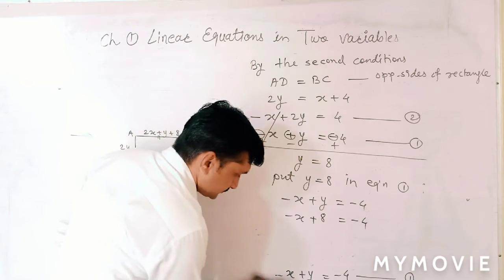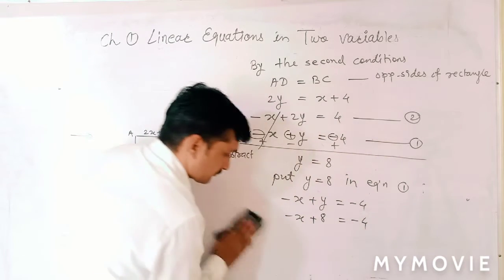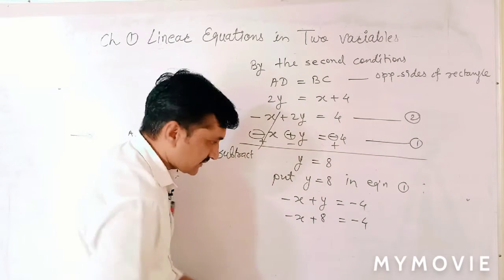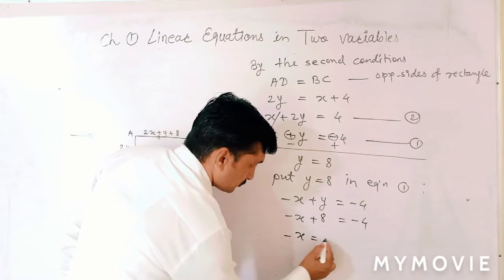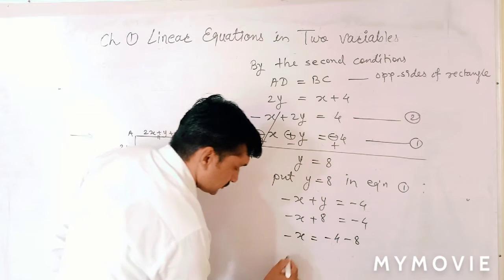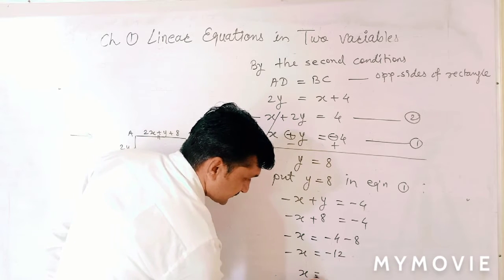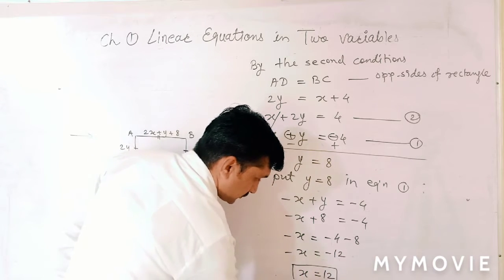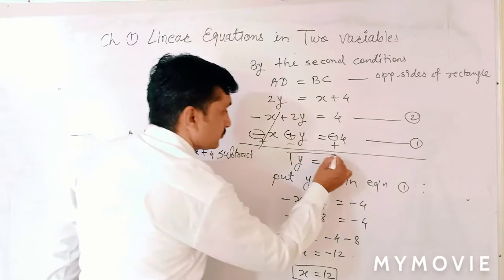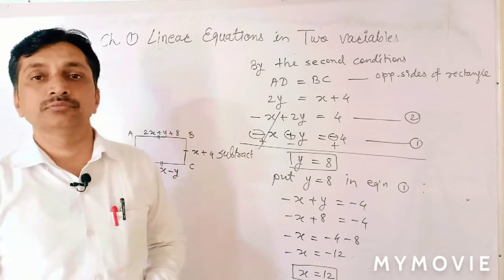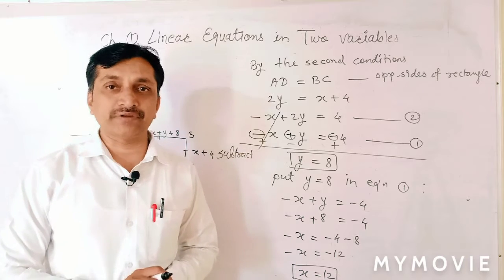Now transfer: minus x is equal to minus 4 minus 8. Minus x is equal to minus 12, and therefore x is equal to 12. Here is the x value. This is the first answer, the values of x and y.